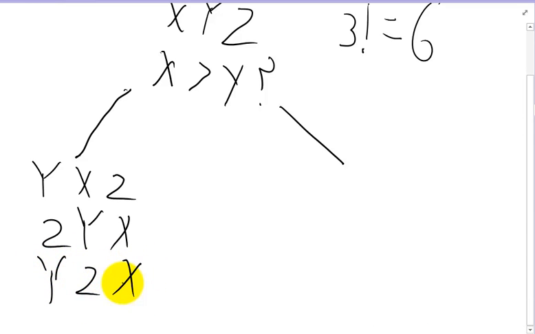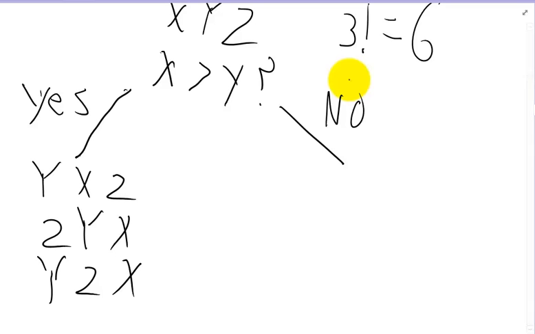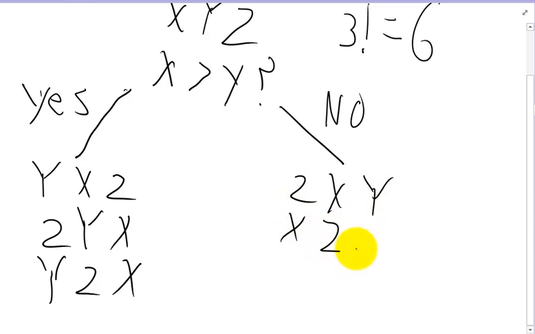But if the answer is no, then you know that y is greater than or equal to x. You can reverse the symbols. So if y is greater, it's going to be z x y, x z y, and then y x z, I believe. That's pretty cool, right?